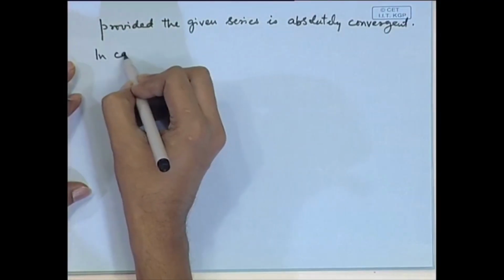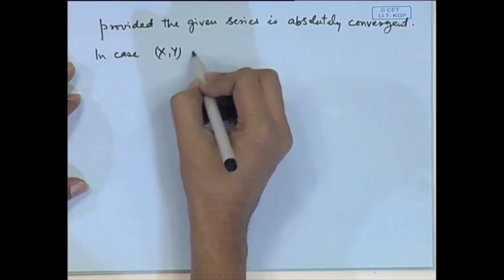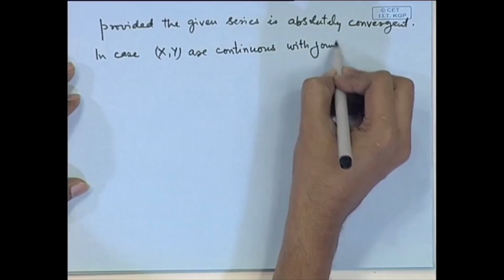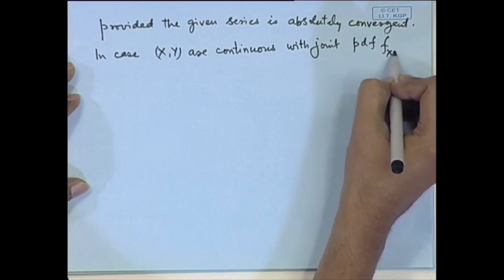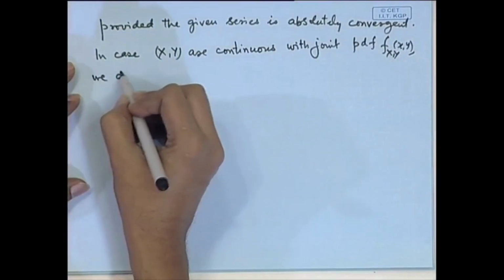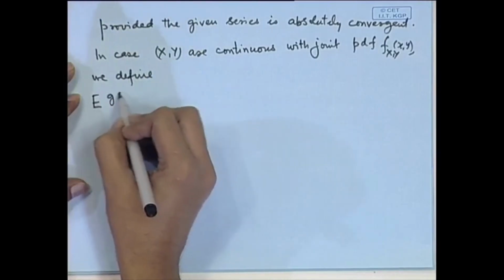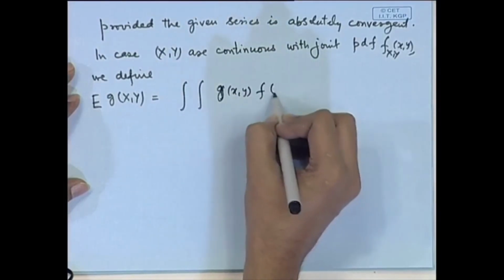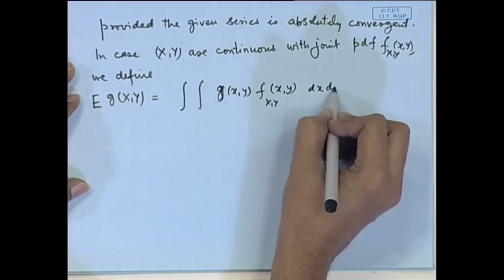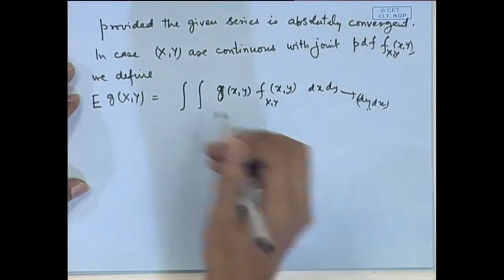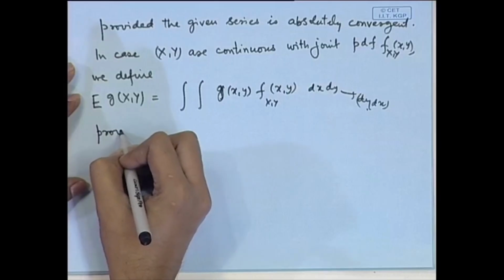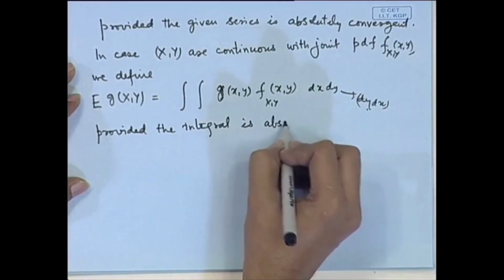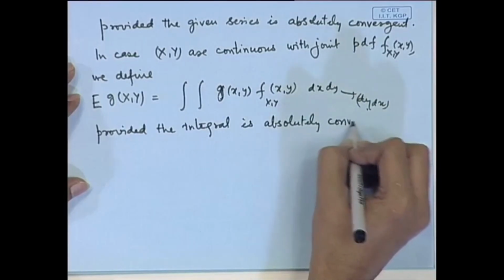In case x and y are continuous with joint PDF, say f_xy, then we define expectation of g(x, y) as the double integral of g(x, y) f_xy dx dy, or this could be dy dx also, provided the integral is absolutely convergent.